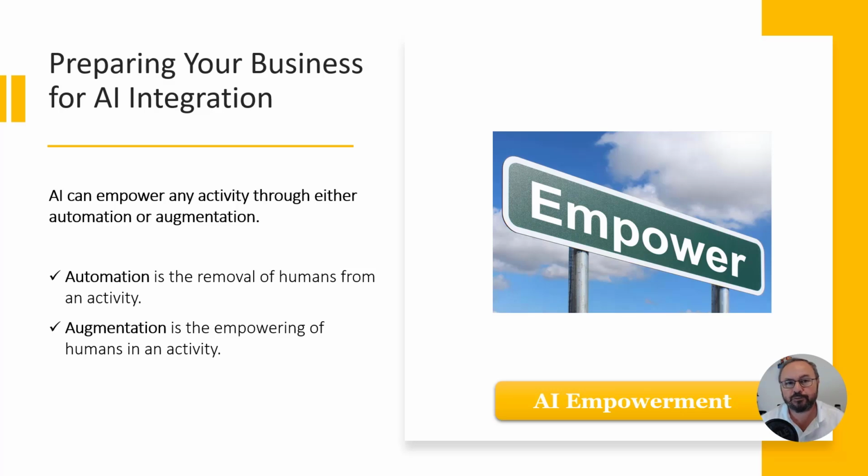So let's talk about an example here. We could deploy on our website a chatbot. That chatbot is going to allow us to provide what is really pre-populated answers or responses to the customer. That is automation.